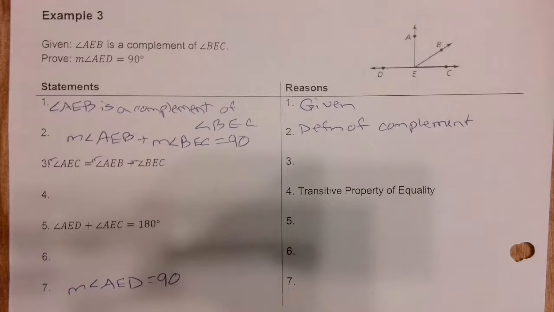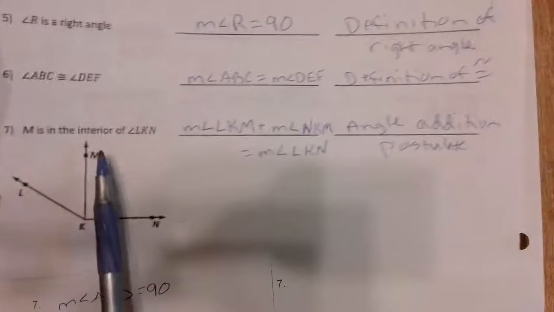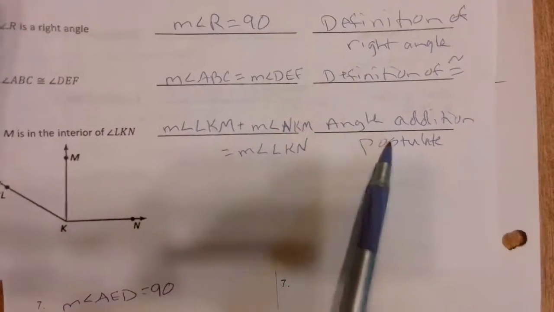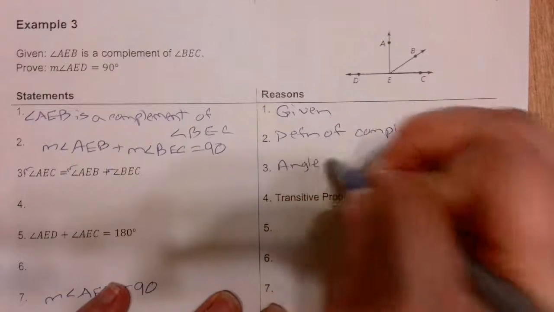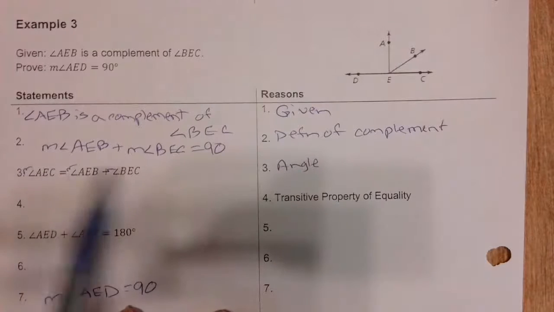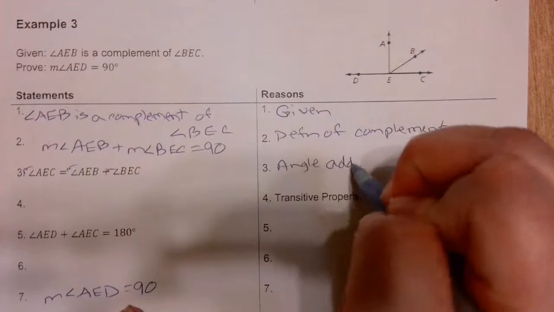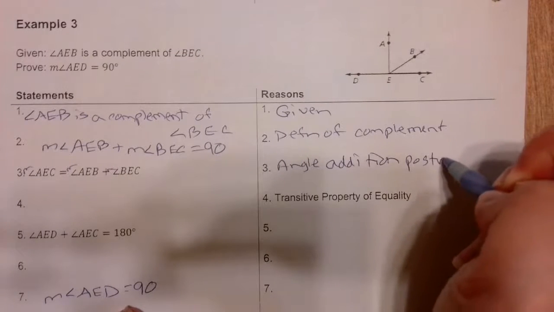What was the thing on the train your brain that allows you to add angles like that? Number 7, angle addition postulate. The angle addition postulate and the segment addition postulate are some of the only ones where, honestly, how do you know to do this? Practice. They're the ones that I think are the hardest to see.